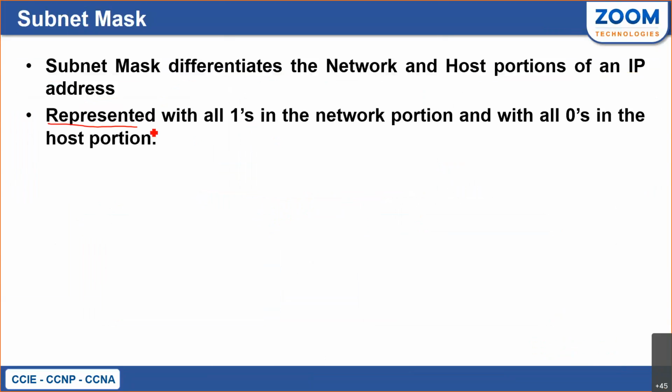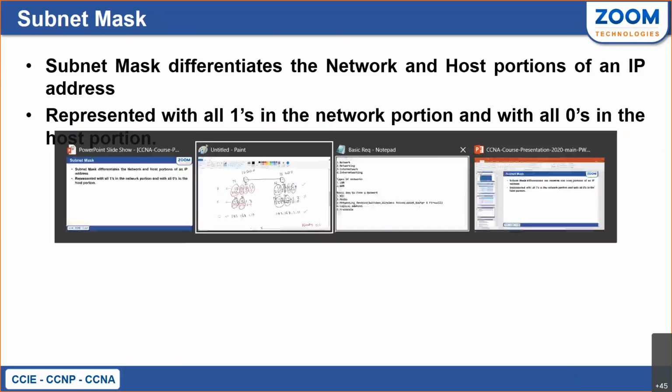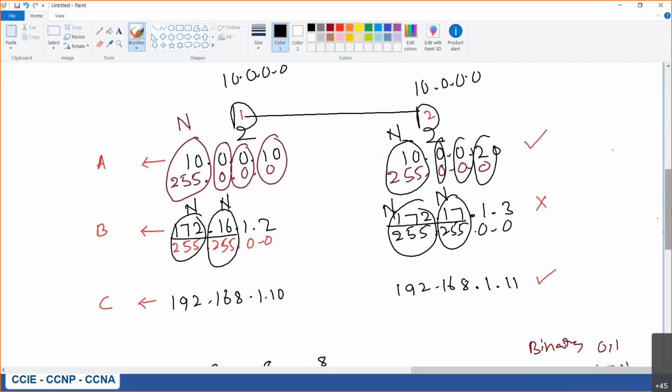Represented with all ones in the network portion and represented with all zeros in the host portion. Is it clear? Right. So this is all about IPv4 address.